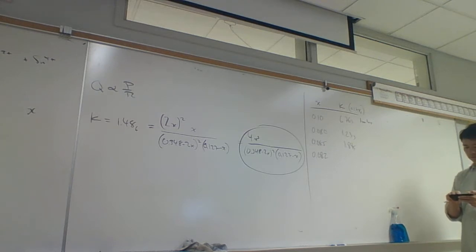So we'll go 0.348 minus 0.164 equals, square that, times 0.045.